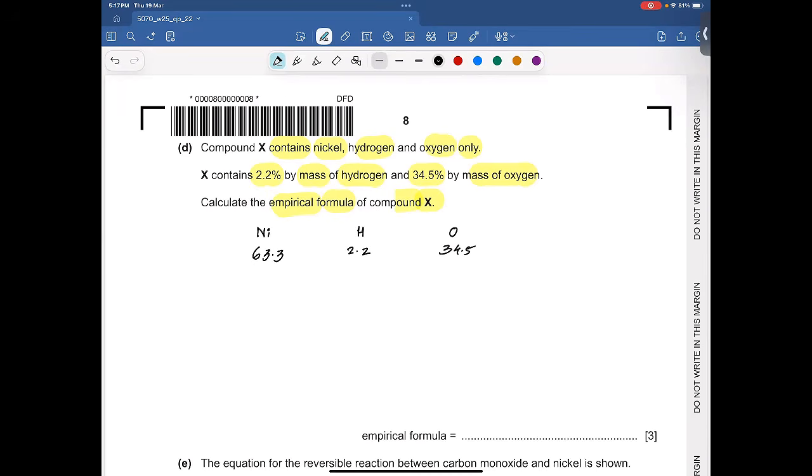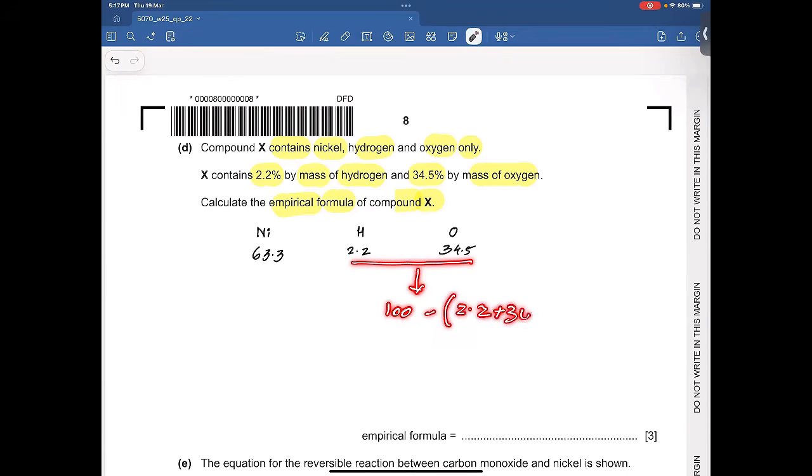I need to add these two values and subtract the total from 100. I'm going to get 63.3% of nickel. So that's the working behind this value.